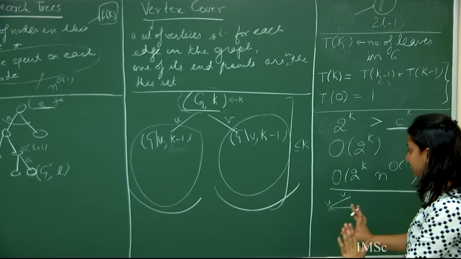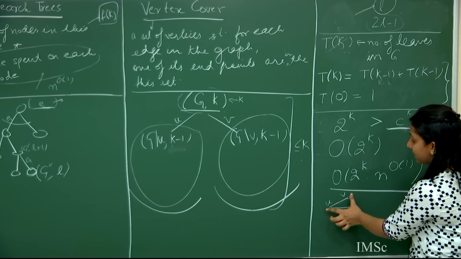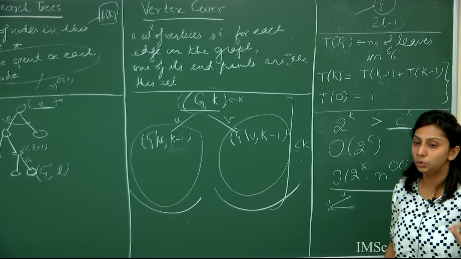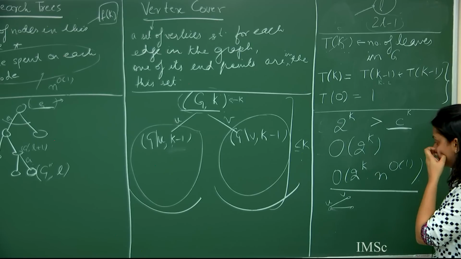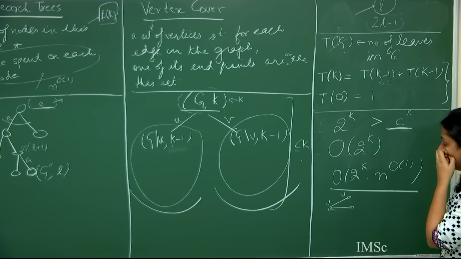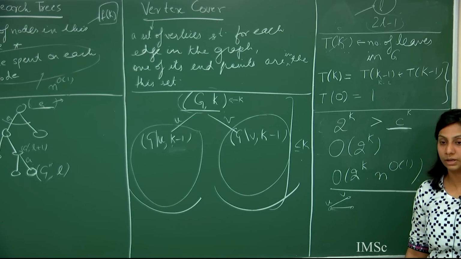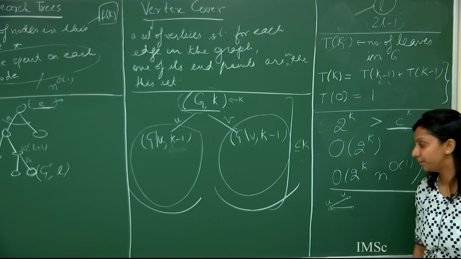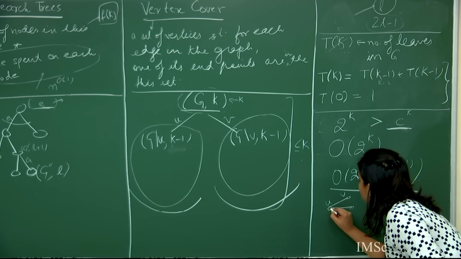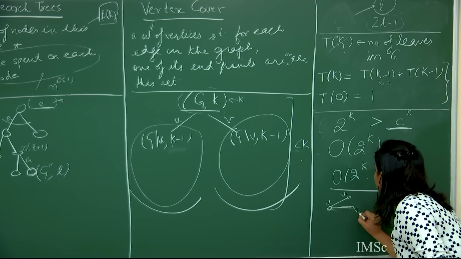There is an edge UV, and you know definitely either U goes to the solution or V goes to the solution. But we know that every vertex has degree at least 2, because the min degree of the graph is at least 2. So say there is this vertex U and it has two neighbors, say V1 and V2.